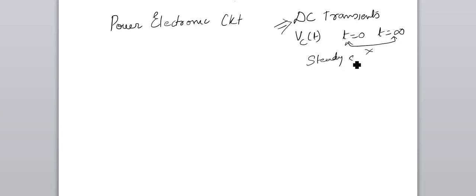Now what is a power electronic circuit? A power electronic circuit consists of equipment or devices, or you can say elements, that have switches, inductors and capacitors.